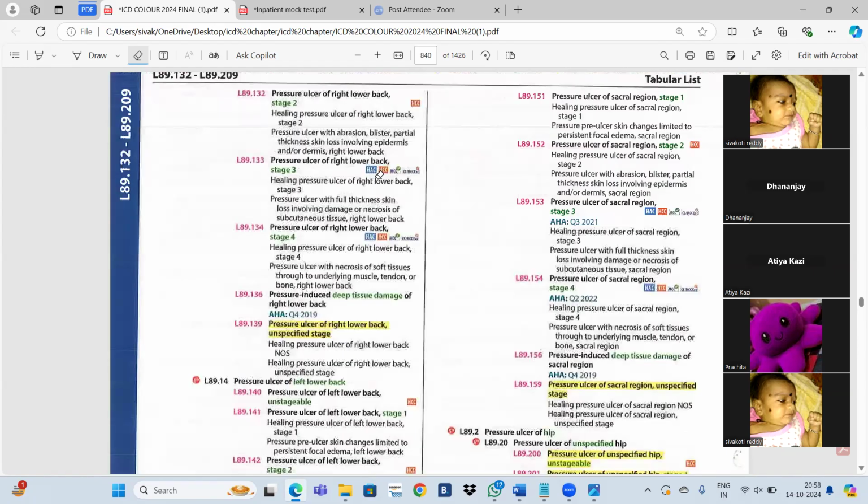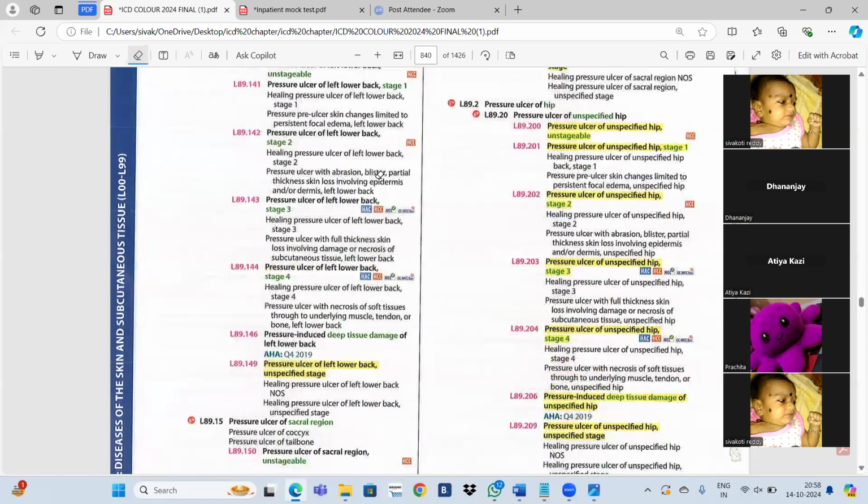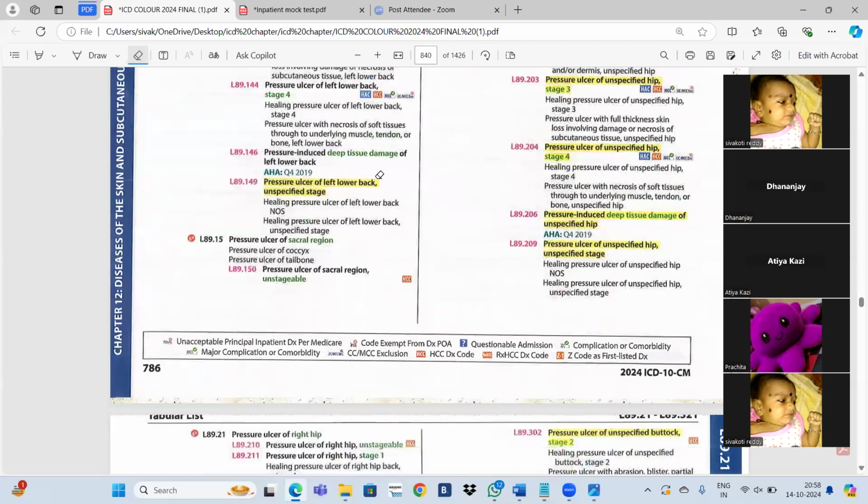Where do we need to identify CC and MCC? In the ICD book, tabular list. You need to open the tabular list. Beside the tabular list, they give the definition, so read the symbol meaning.